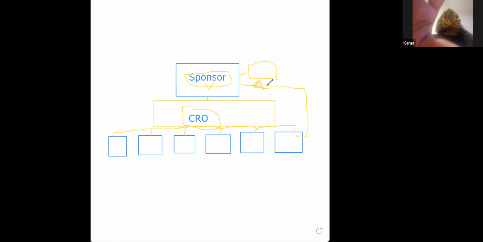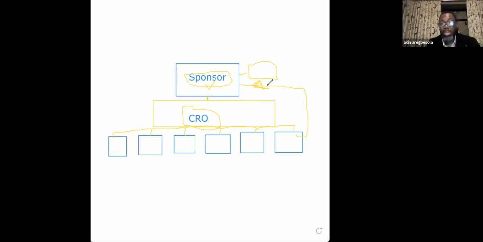That happens occasionally, but it's not very common. But when it happens, it's bigger money than when you are contracted through a CRO. There are a couple of CROs, but the most common CRO that is really hiring all the time and has products all the time is Aquiva.